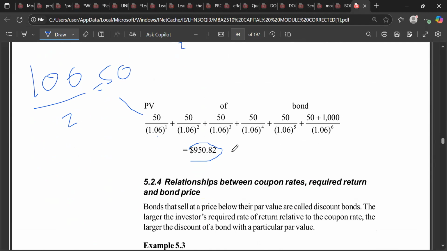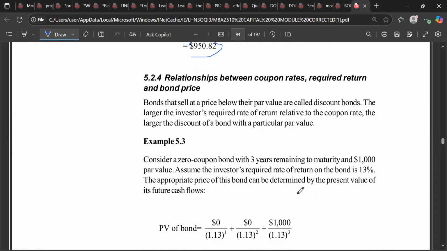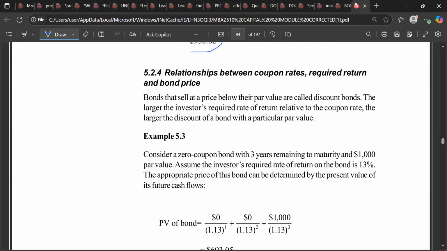Looking at it this way, semi-annual bonds will give a better yield in comparison to annual bonds. Any questions so far? No, it's okay. All right, lovely.